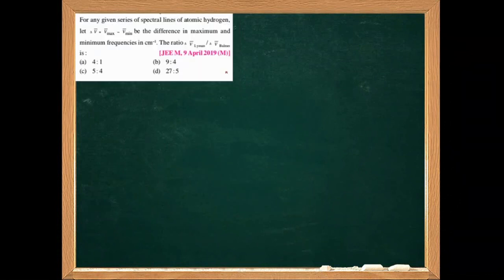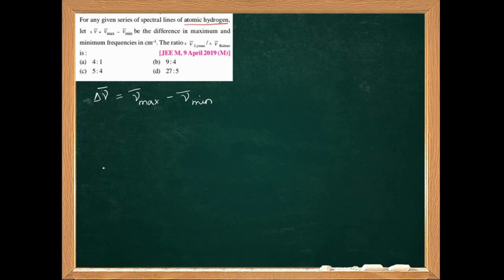Now for this question: for a given series of spectral lines of atomic hydrogen, let delta nu bar be nu bar max minus nu bar min. So what we have to find out is delta nu bar, which is wave number, the maximum wave number minus the minimum wave number, the difference in maximum and minimum frequencies in centimeter inverse.